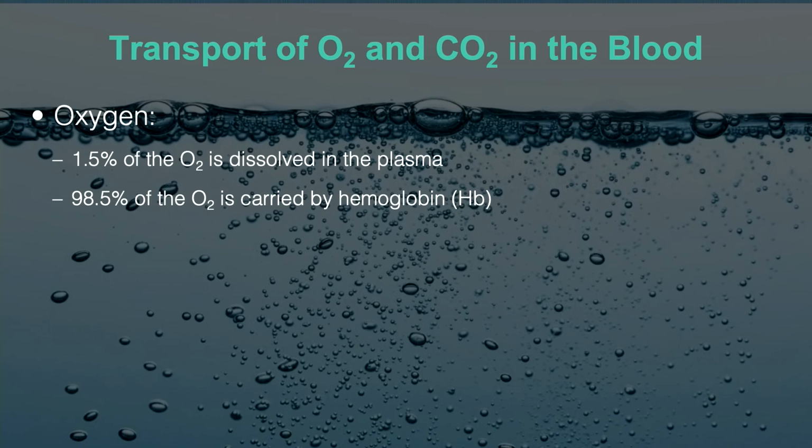That's not very much. In contrast, 98.5% is carried by hemoglobin. The vast majority is carried by hemoglobin. If we didn't have red blood cells, if we didn't have hemoglobin, you could see we'd be in a pickle. Very little ability to carry and transport oxygen.